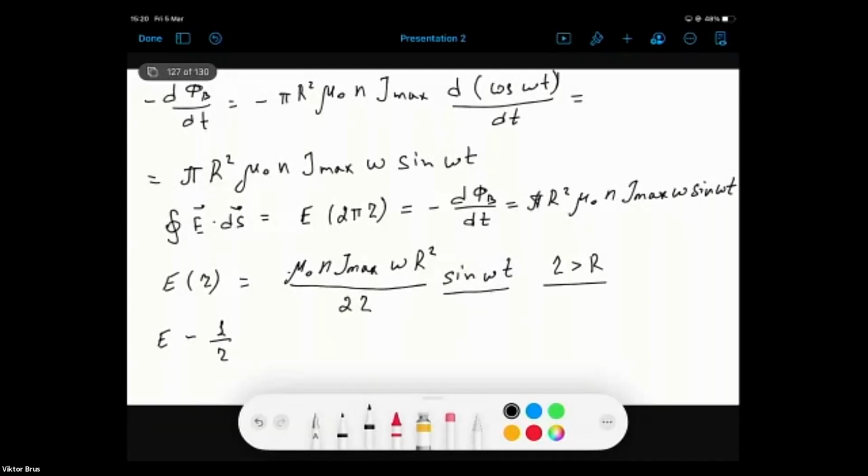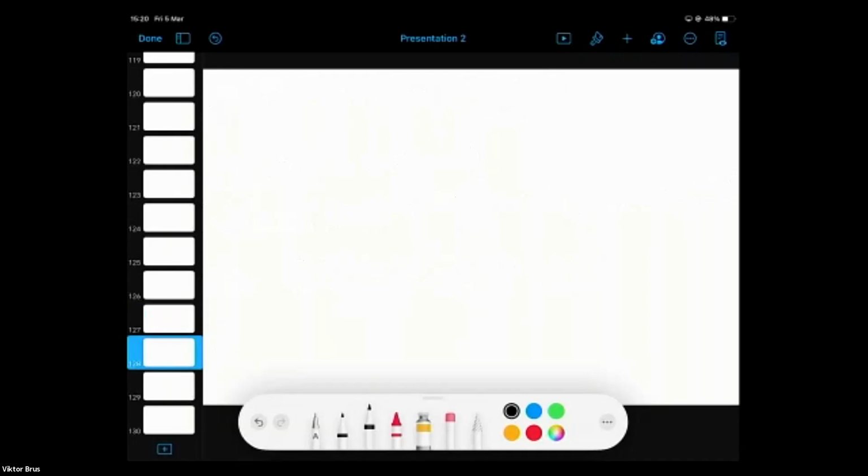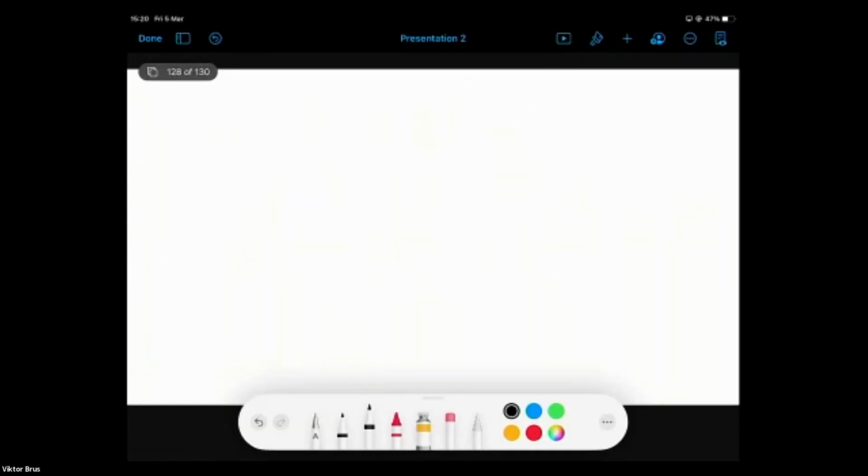Now let us consider the other part, when we have a radius smaller than the radius of the solenoid. That means that we will try to calculate the electric field in the interior area of the solenoid. So for this purpose, we again need to write down this derivative dPhi B over dt. And in this case, it will be a bit different.